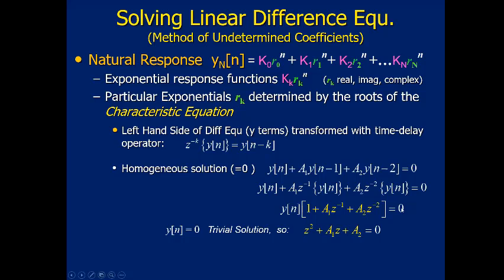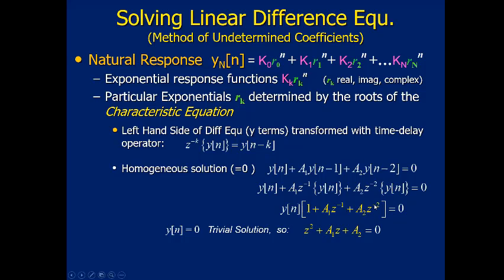This particular equation, if we set it equal to 0, has two possibilities. y of n equals 0. Well, that's not a solution we're interested in. We expect some response from the system. So that means this other polynomial must be equal to 0. And that's what we solve to find the roots of this characteristic equation.